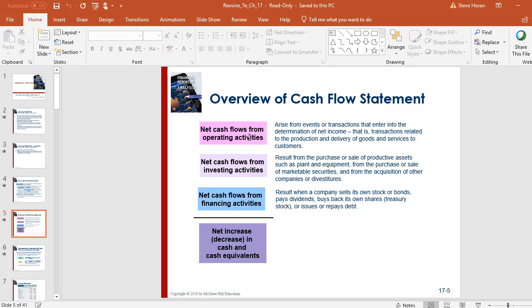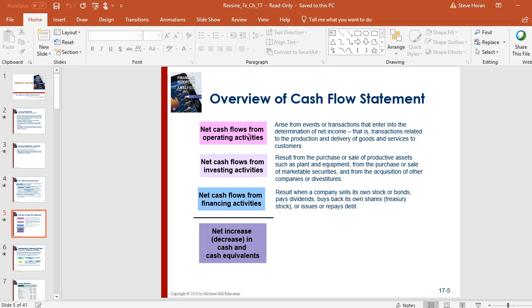Basically, what's the cash generated or used by whatever business it is doing what it does. So if it's Best Buy, for example, we all know what Best Buy does. The process of buying electronics from suppliers and selling them to consumers should generate positive cash. It may not every single quarter, but generally it should. So that's what they do.